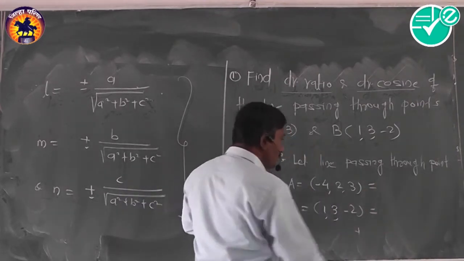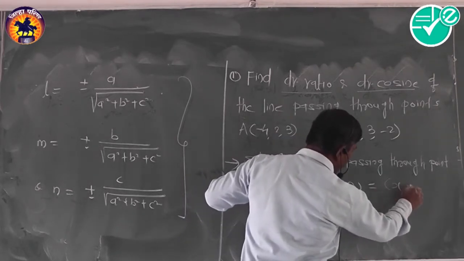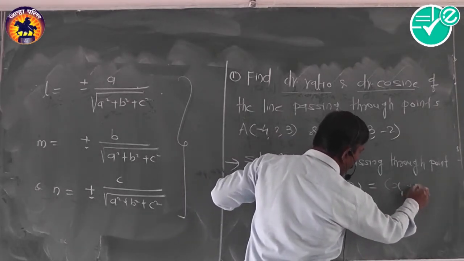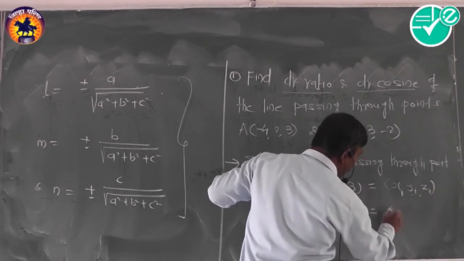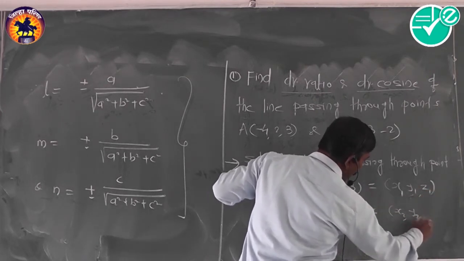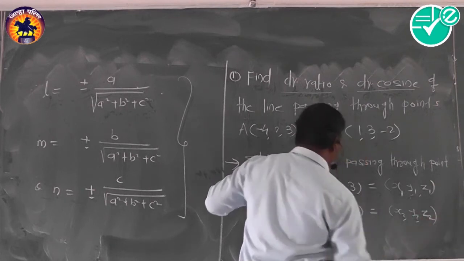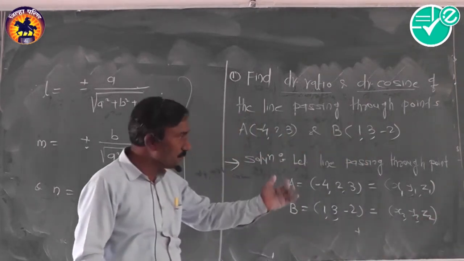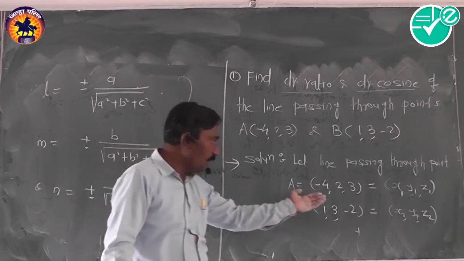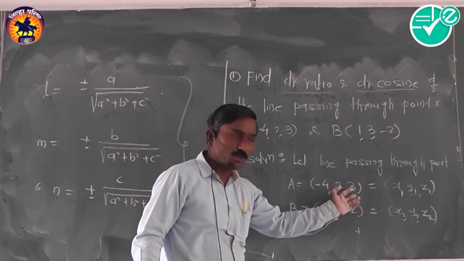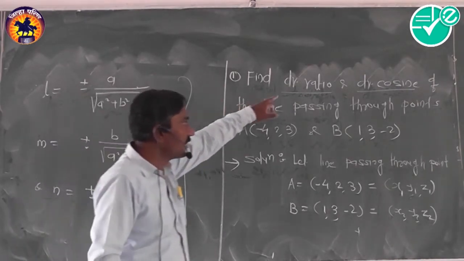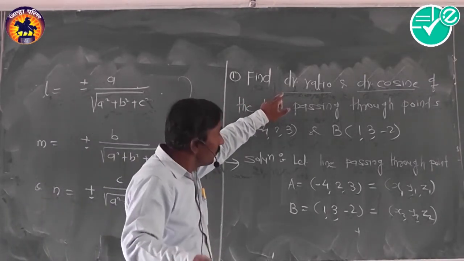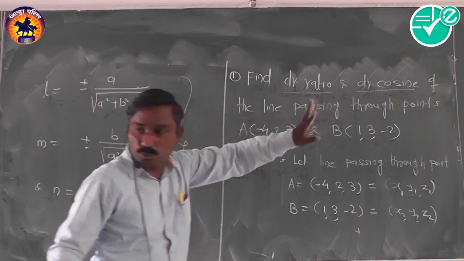So we can call these x1, y1, z1 and x2, y2, z2, because x1 belongs to the x axis, y1 belongs to the y axis, z1 belongs to the z axis. Now first we have to find the direction ratio. After that we can find the direction cosine.